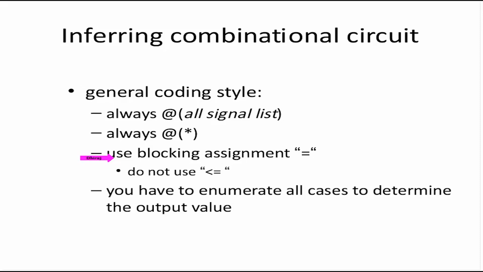So one way is always block, with always at the rate signal list or always at the rate of star, then blocking, then we use non-blocking for combination. Or we could enumerate all cases to determine the outcome. That is, we could write a truth table, and the tool will know from the truth table what to implement.